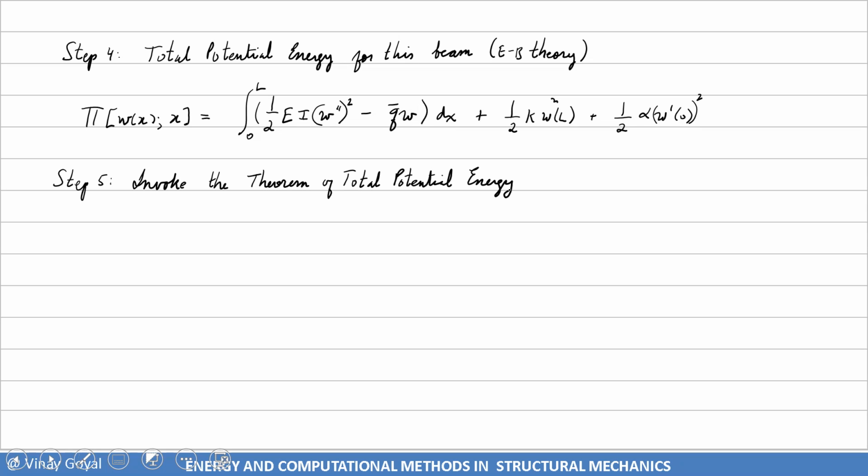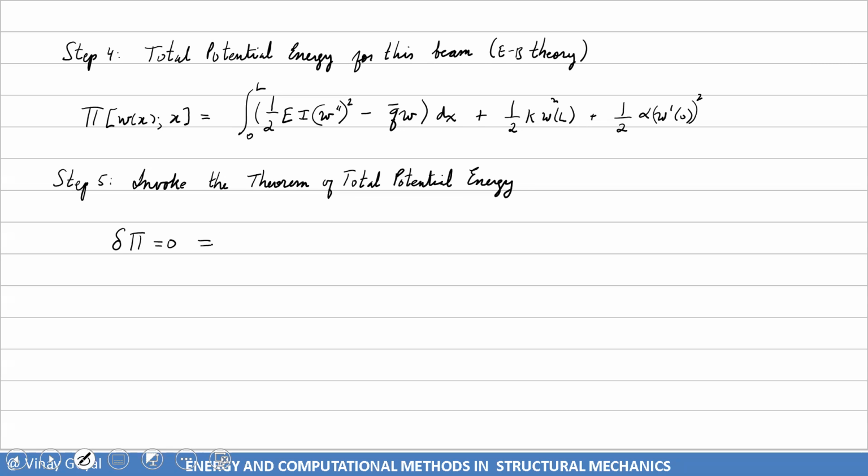The theorem of total potential energy states that for every kinematically admissible deflection w, that deflection w that renders pi stationary, or the total potential energy stationary, is the one that renders the system in equilibrium. So, in other words, I need to find the first variation of pi equals 0.